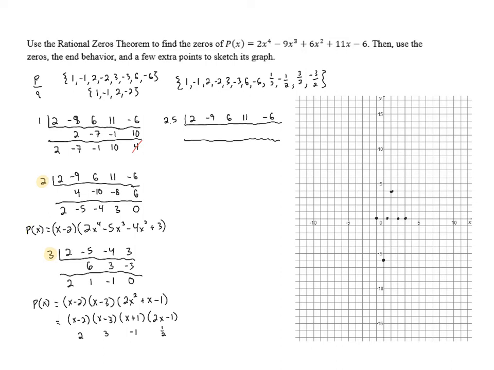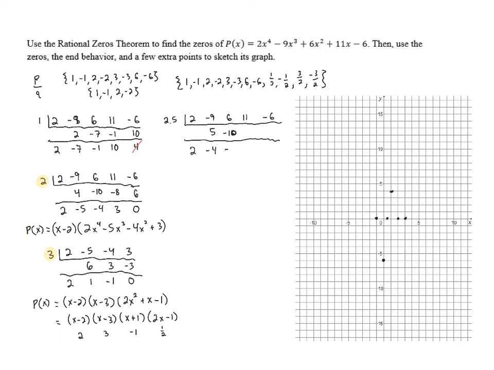So we get a calculator because that's going to make our lives much easier. We bring down the 2. 2 times 2.5 is 5. Then we subtract 9 to get -4. Then when we multiply that by 2.5, we get -10.